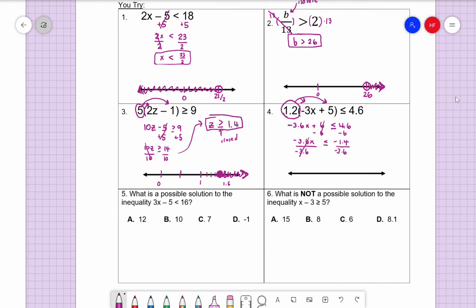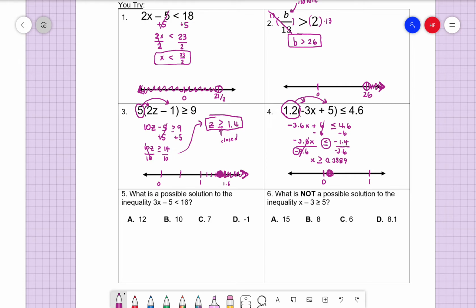Those two cancel. And x is, flip the sign because we've got a negative, greater than or equal to 1.4 divided by 3.6, since they're both negative, it's going to give me a positive 0.3889. So then on my number line, we'll go 0, 1, and we'll say it's way over here.